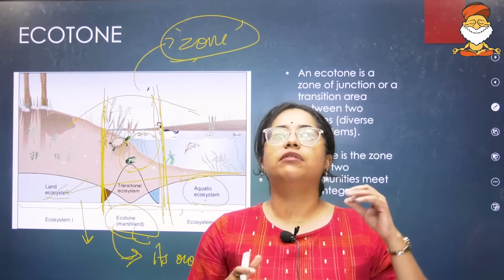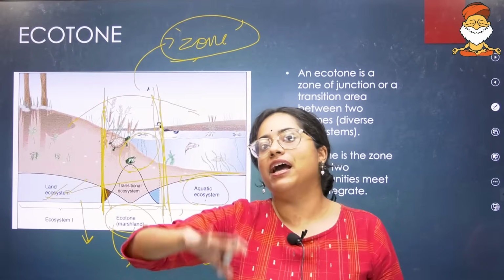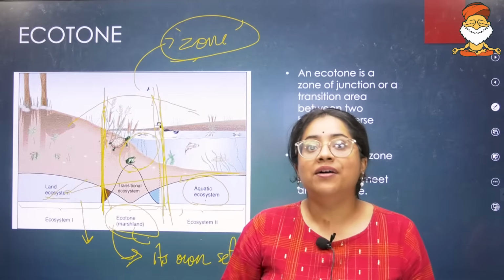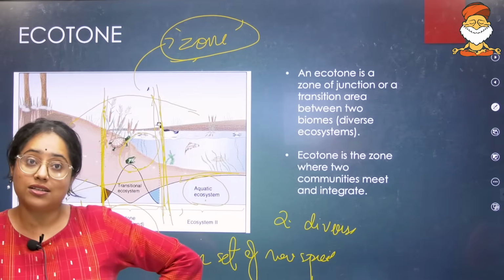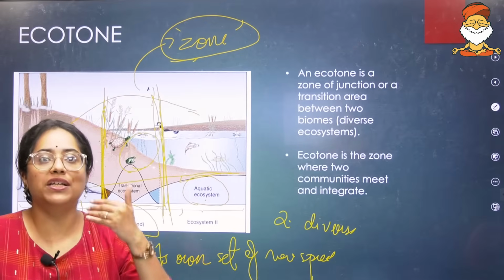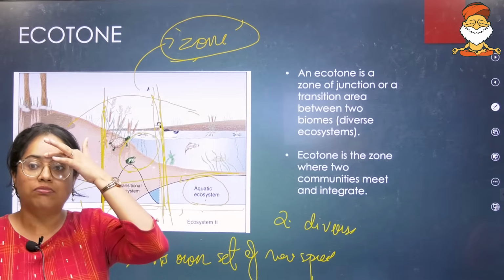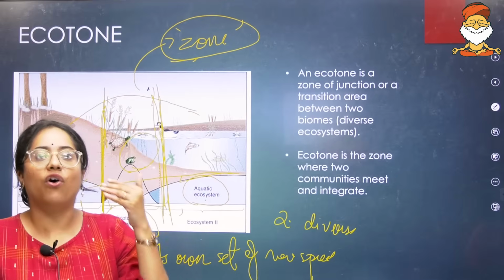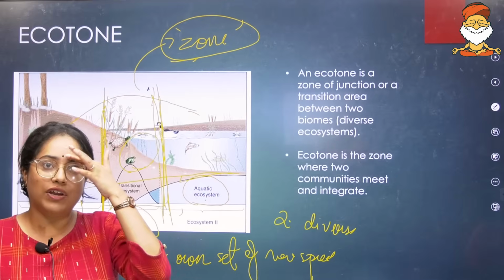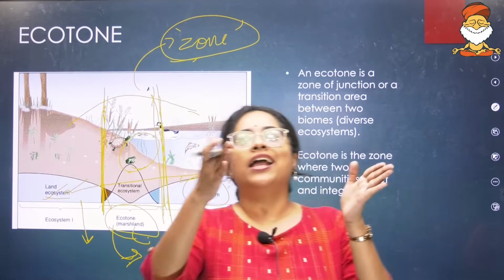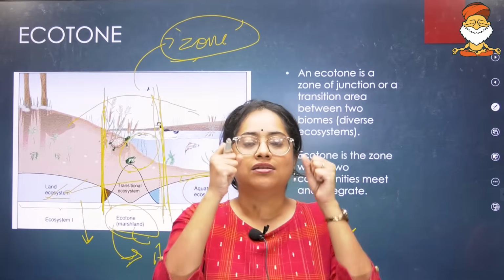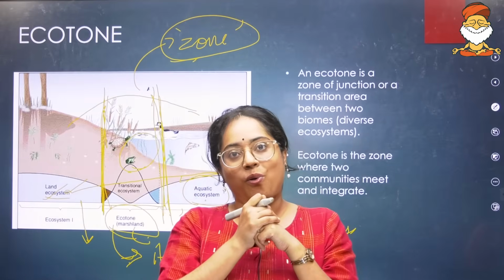For example, there will be animals that can exist in water. There will be animals that can exist in land. But then now you have an area where land and water are mixing. So some species will adapt and will evolve, or will try to be in a situation where they can exist in this intermediate zone.